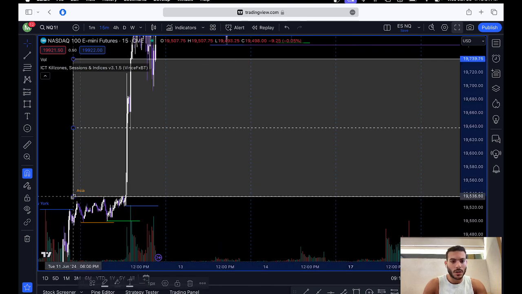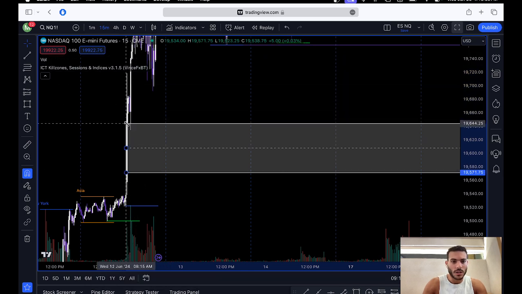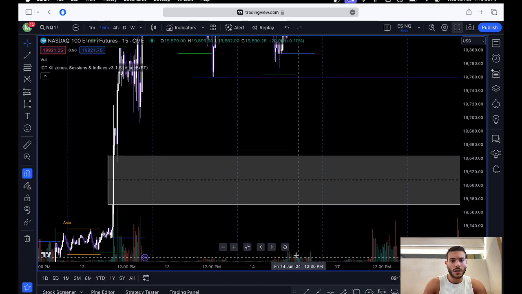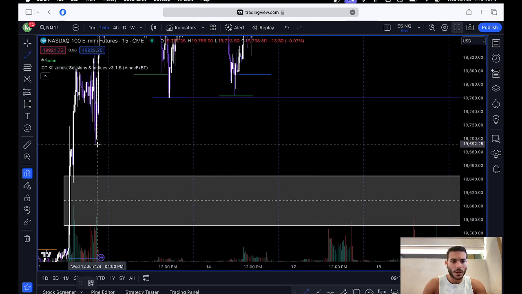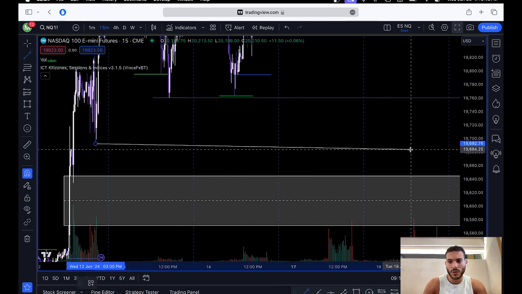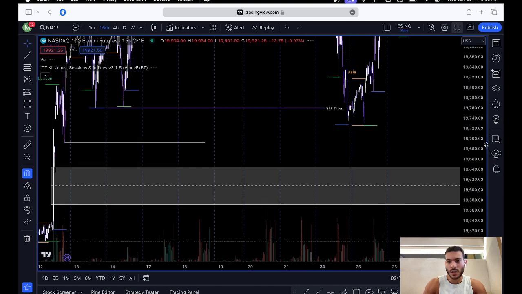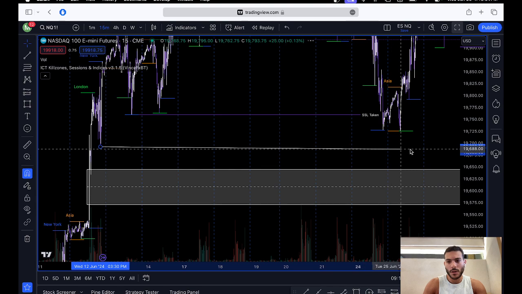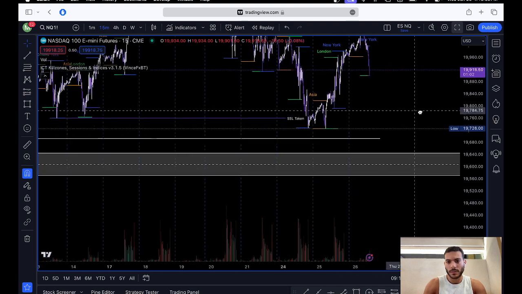So we can refine this even more into this 15-minute imbalance right here, underneath this sell side liquidity. So clear low here, clear swing low. So we're going to draw that out, and that's going to be our higher time frame draw on liquidity if price proves that it wants to continue lower, right? From up here.